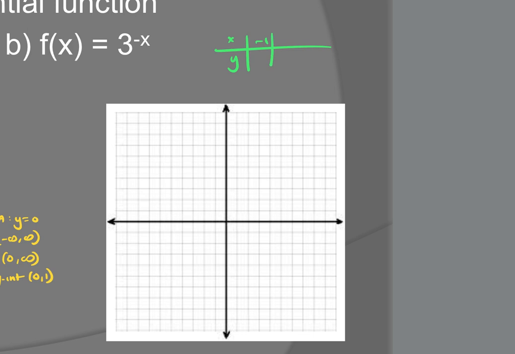So same 3 points. 3 to the -(-1) becomes 3 to the first, or 3. 3 to the -0 is still 3 to the 0, which is 1. And 3 to the -1 is 1/3.